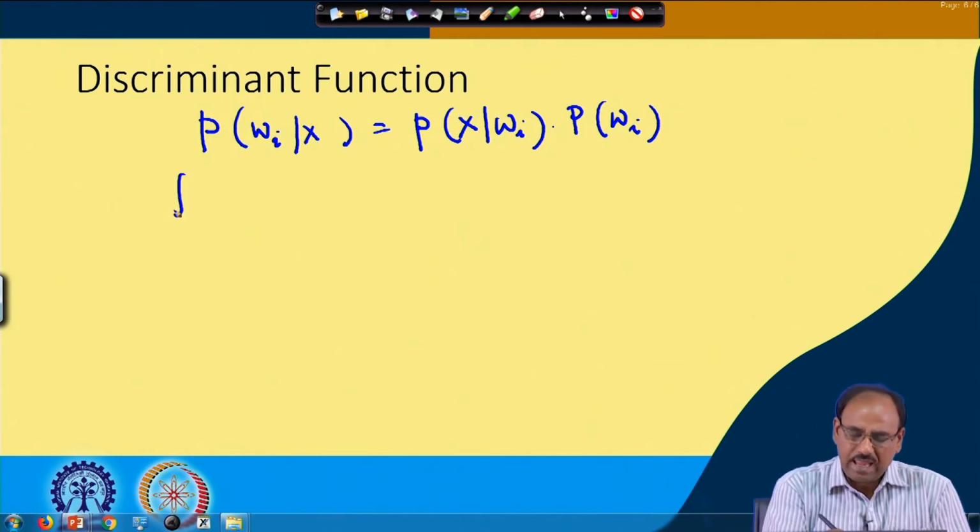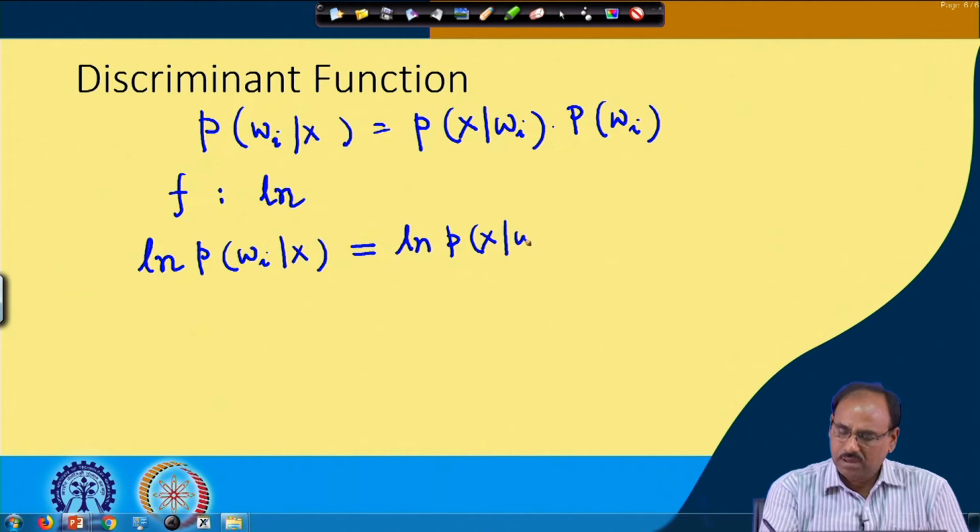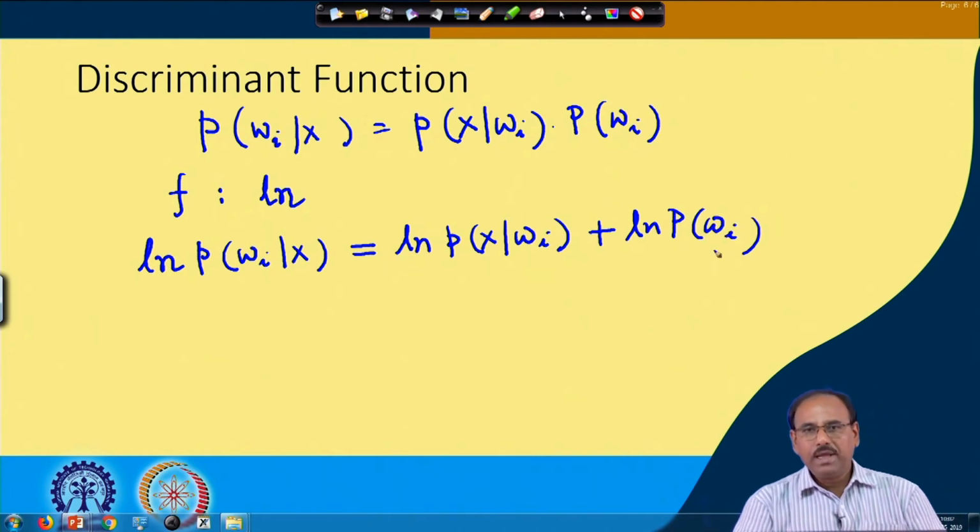Now, if the function f is the logarithm ln, then ln P of omega i given x turns out to be ln P of x given omega i plus log of P of omega i. So this multiplication is straightaway converted to an addition operation, which is very advantageous for many computational purposes.